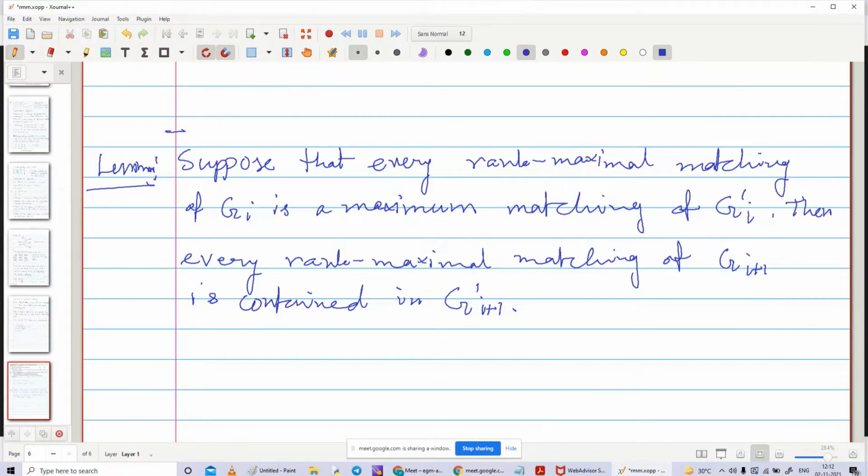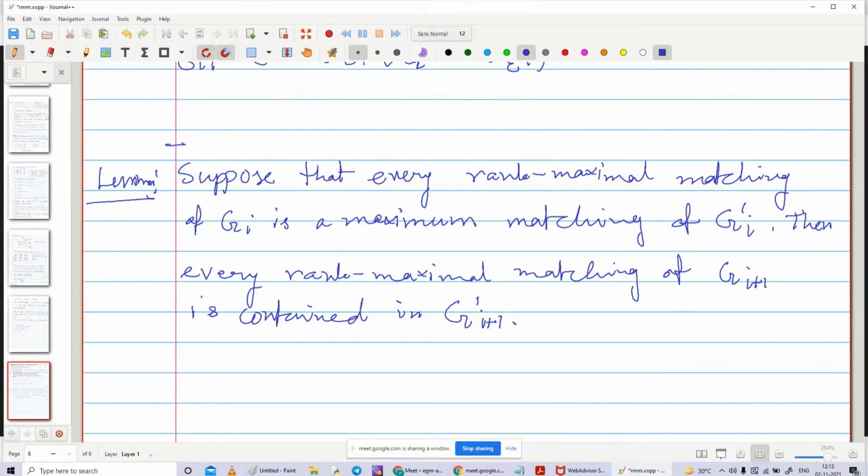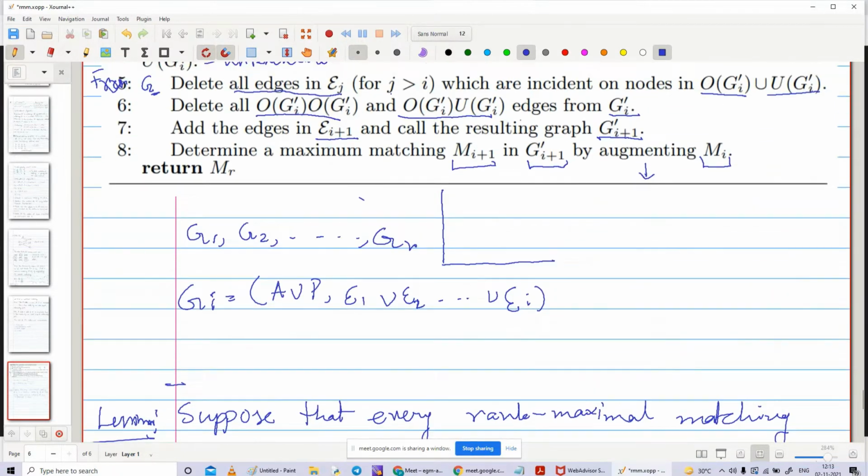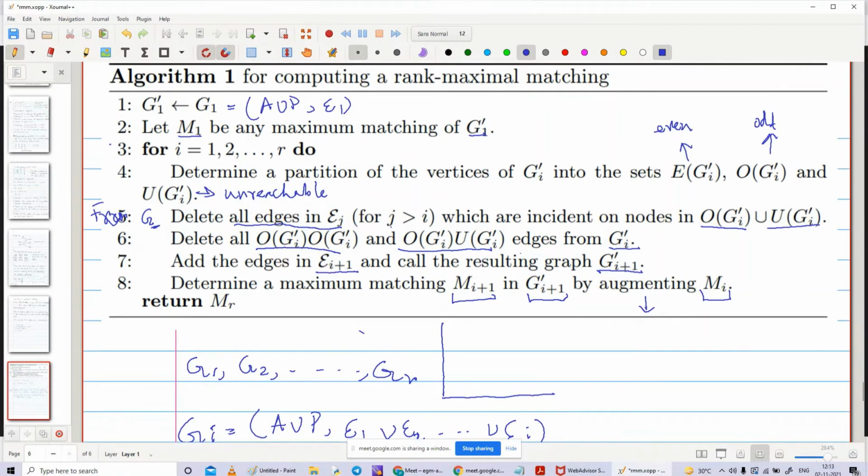Basically, what I'm going to show is that if this happens, then in our algorithm this will of course be true. What is your approach then? Yeah. So now we gave you an algorithm here, but we don't know if this gives us a rank maximal matching on each iteration or not.